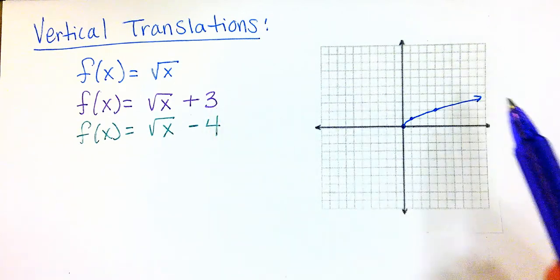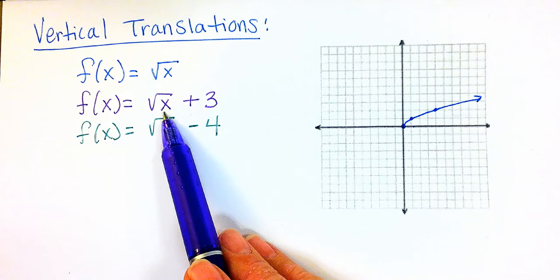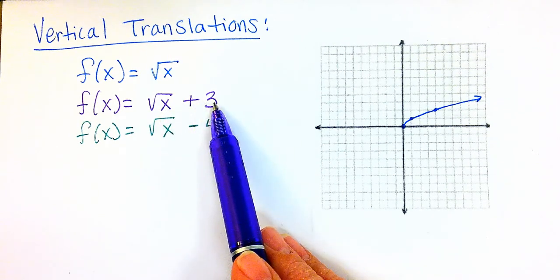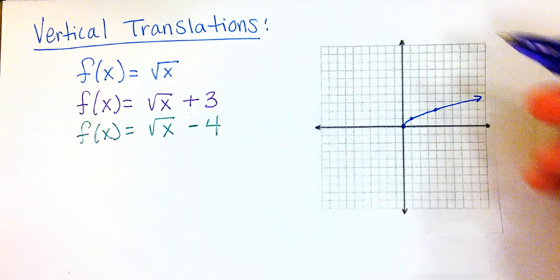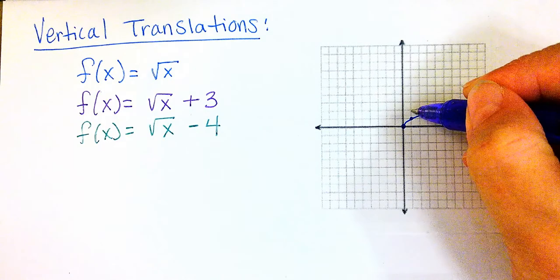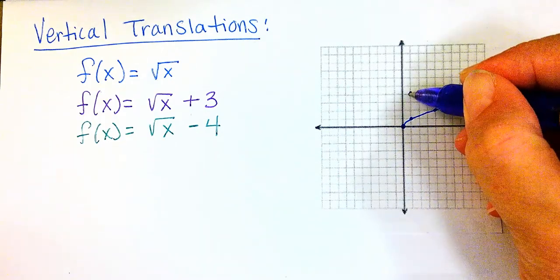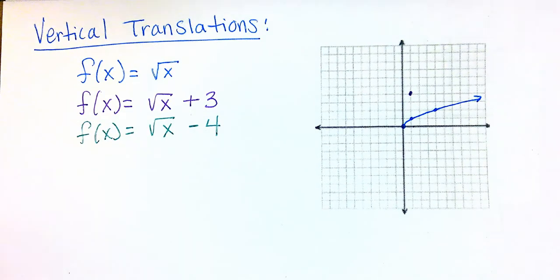If we have the point 1, the square root of 1 is 1, but then we add 3, that's going to give us 4. So now instead of having (1, 1), we have (1, 4). So what just happened? It took that point and it moved it up 3.